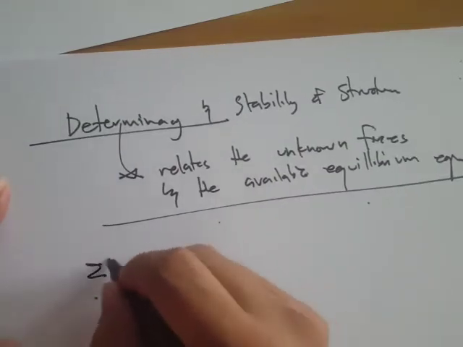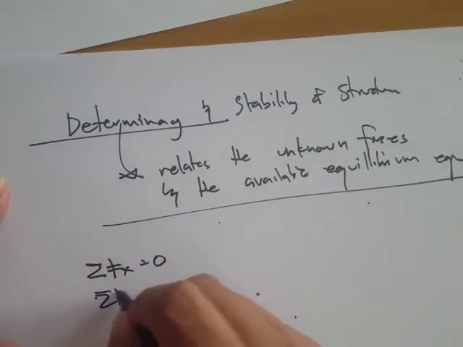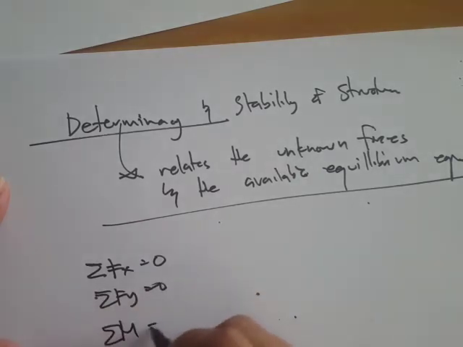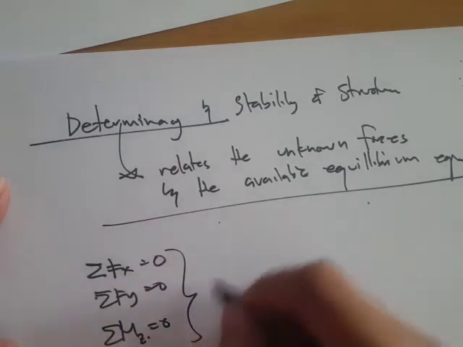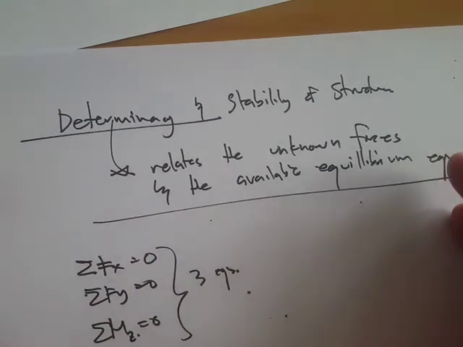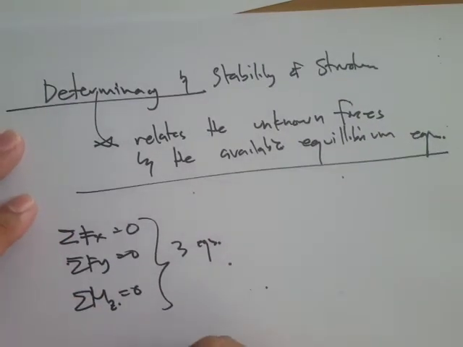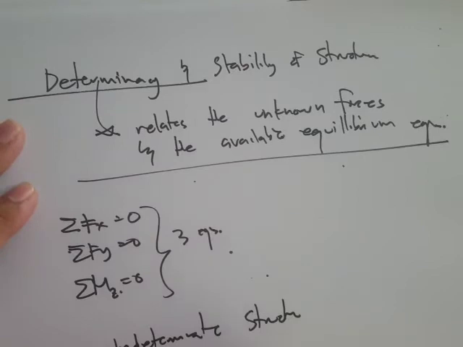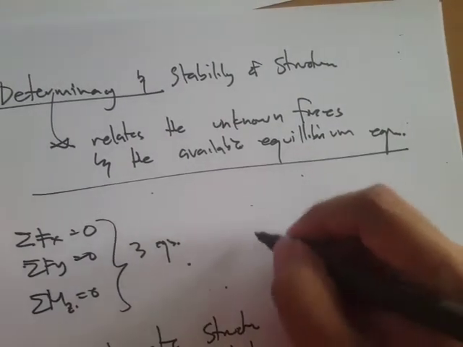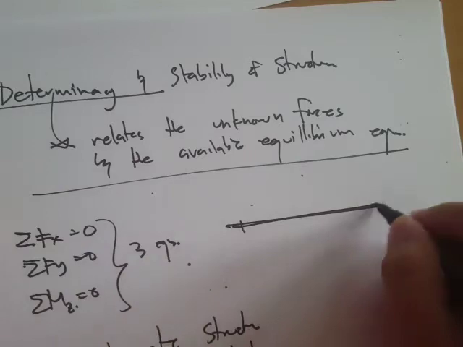We have three, right? Summation of forces x equal to 0, summation of forces y, and then the moment is equal to 0. So we only have three equations. If the number of unknowns is greater than the equilibrium equations, then we have an indeterminate structure. But if it's less than or equal, that's a determinate structure.